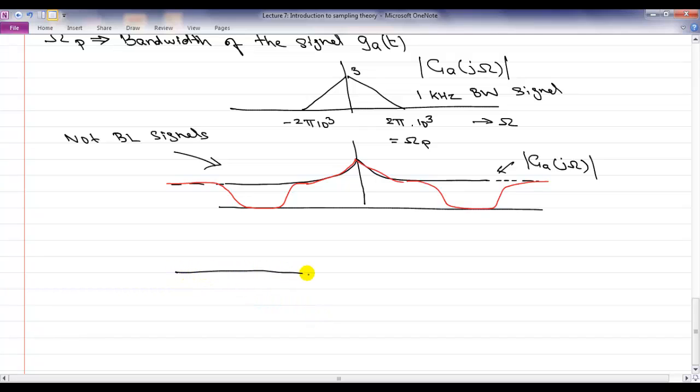Another type, which is really what you see in the practical world, is something like this. Don't focus, by the way, on the shapes that I am drawing. The notion of band limited signal is not contained in the shape.